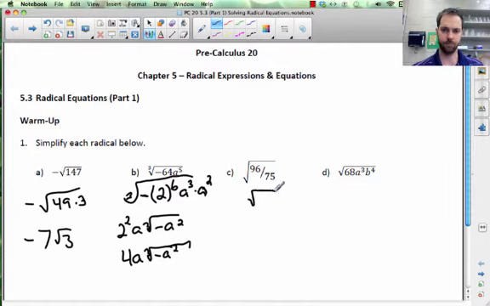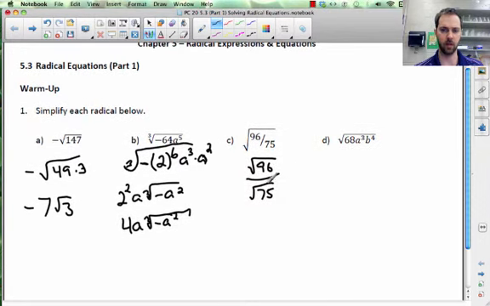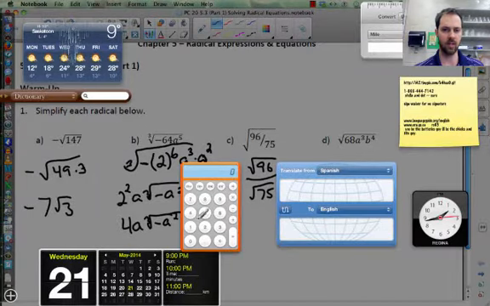The next one, you can bust this quotient down into 2 distinct radicals. Try to take out multiples of something that is a perfect square. 16 will come out of 96, so 96 divided by 16 will give you 6.